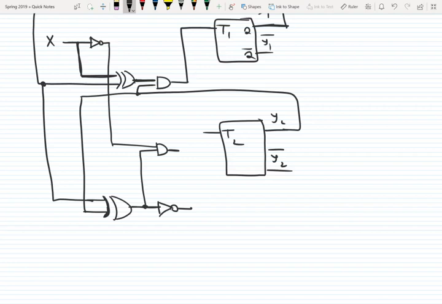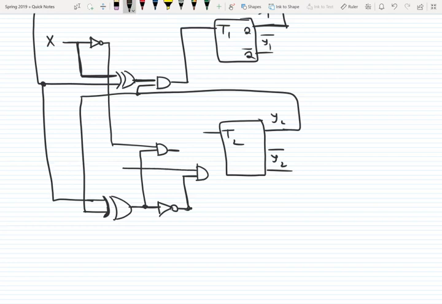The second part, we get x, where is x? X is here. No, not here.